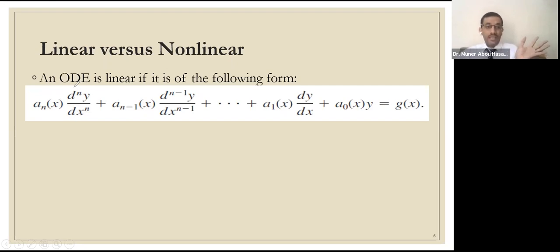Notice the power of the nth derivative is 1, because I have a derivative of order n, but the power is 1, plus a function times the (n-1)th derivative, and so on. Also a function of x; notice this function is with respect to x only.